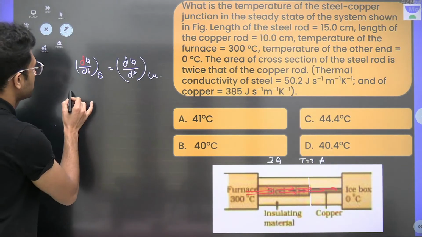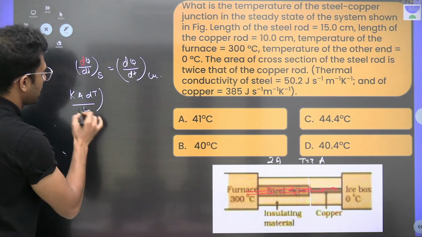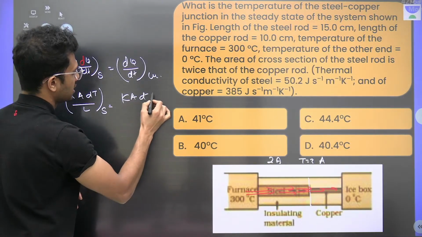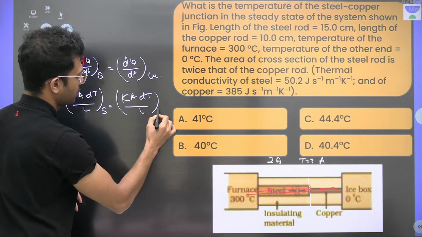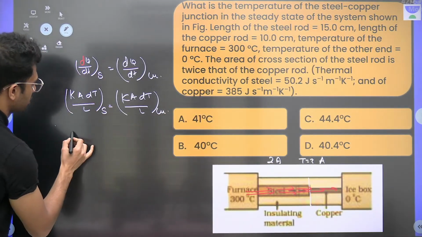So dq by dt of steel is equal to Ka dt by L across steel, which will be equal to Ka dt by L across copper. Start substituting. K of steel, how much? 50.2.